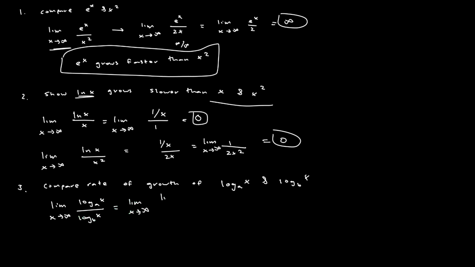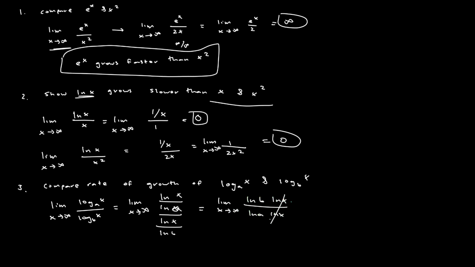ln of x divided by ln of a, divided by ln of x divided by ln of b. Now, simplifying this fraction, I get limit as x tends to infinity of ln b times ln x divided by ln a times ln x. And these two terms are the same, so they cancel out.